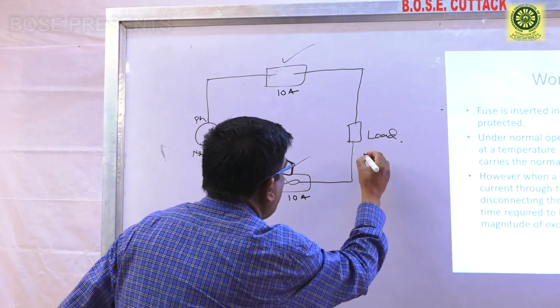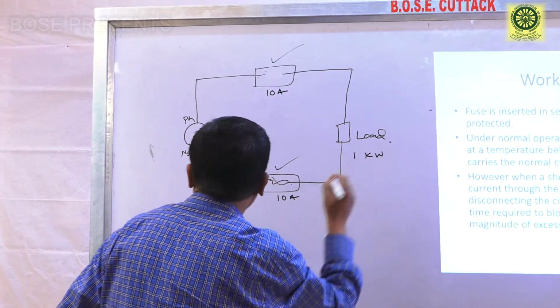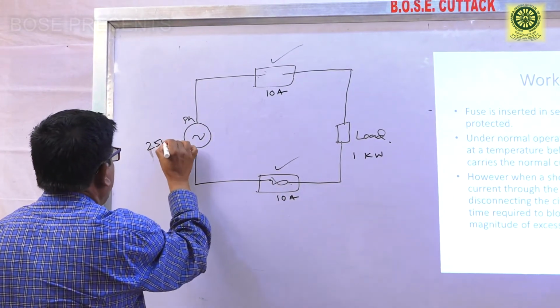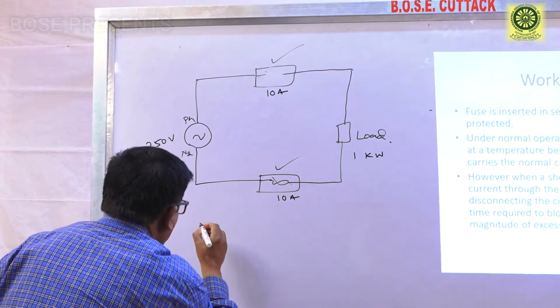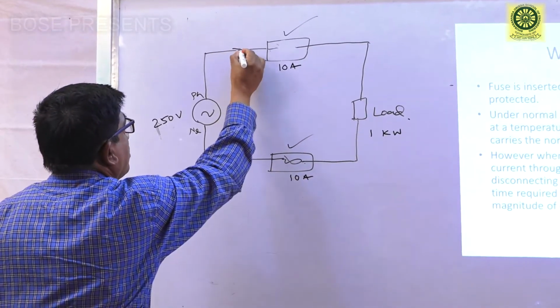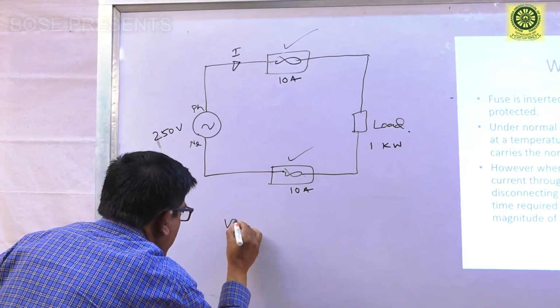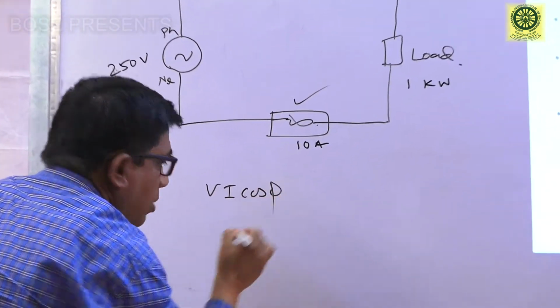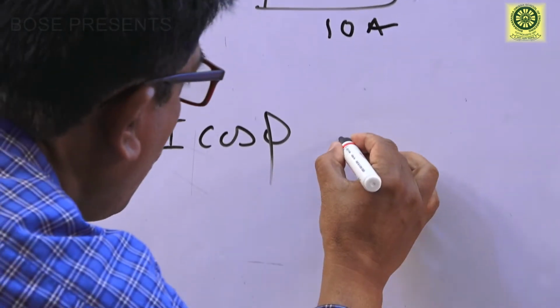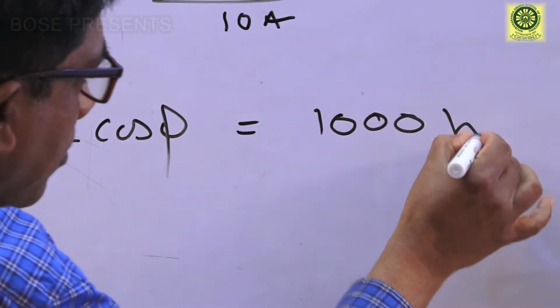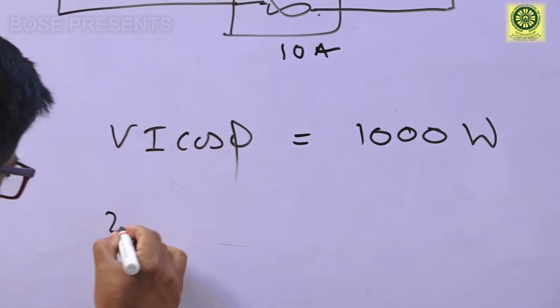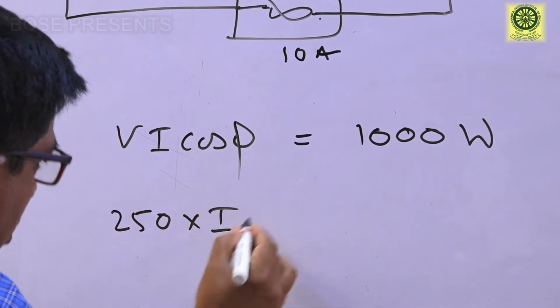Right? For example, this is your 1 kilowatt load. Generally the voltage is 250 volt. So what is your current rating? Now VI cos phi, everybody knows our formula of power, VI cos phi is equal to 1000 watts. So what is the voltage? Now 250 into current.